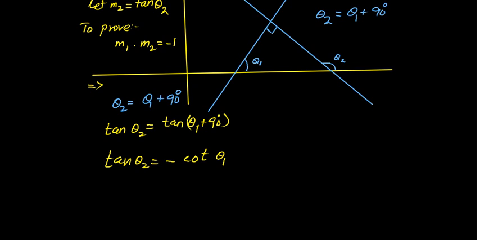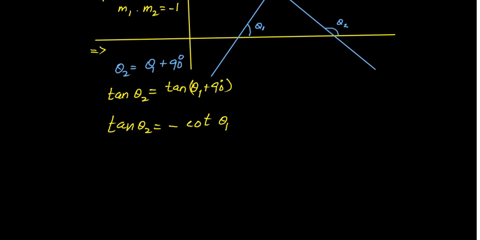So further we can simplify it, that becomes tan theta 2 is equal to -1 over tan theta 1, as we can write cot theta 1 as the reciprocal, 1 over tan theta 1, right?